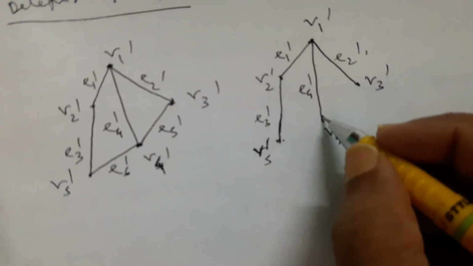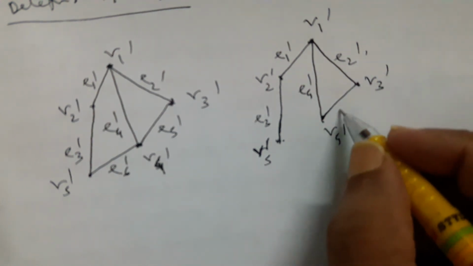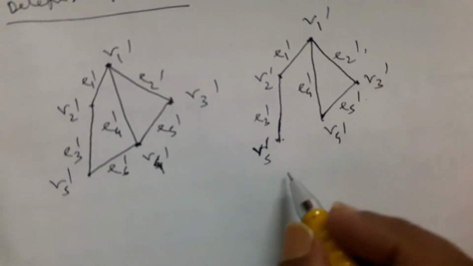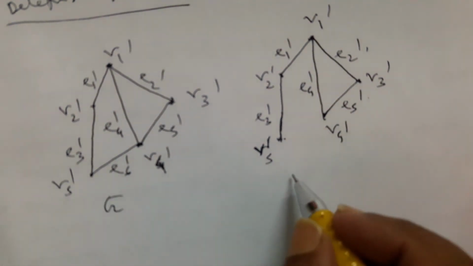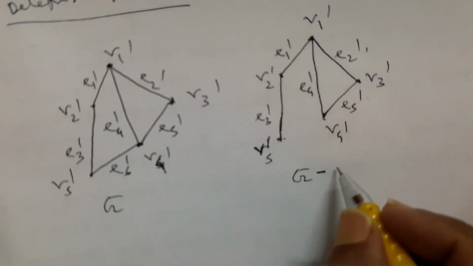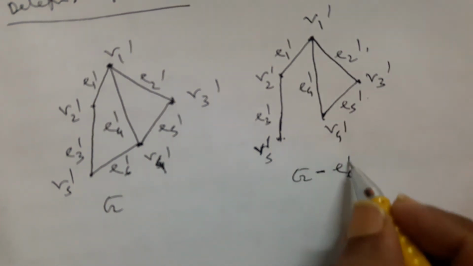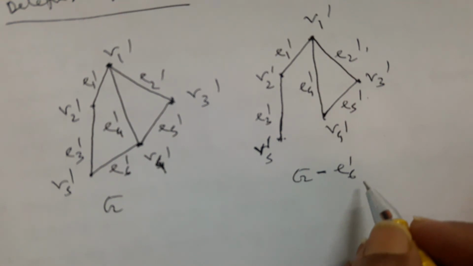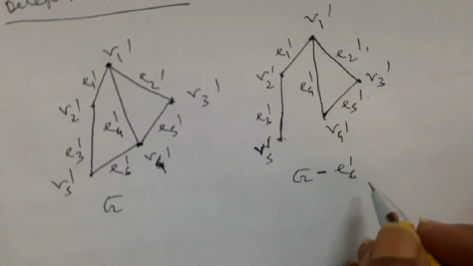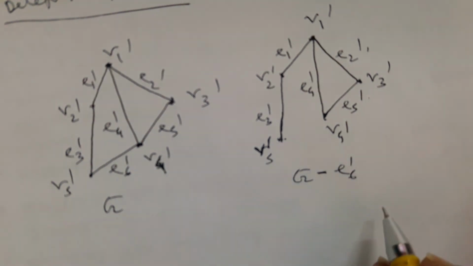And if we consider only one edge deletion, in this way e5 dash, then the result will be, if it is G, G minus e6 dash. This is the concept, G minus e6 dash.